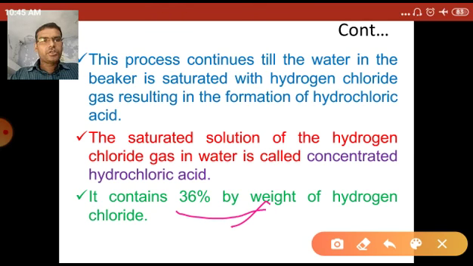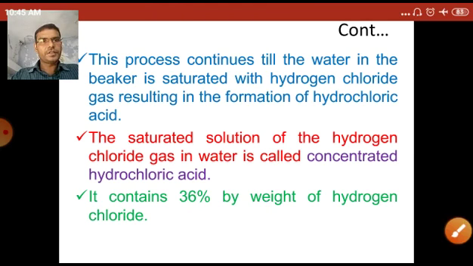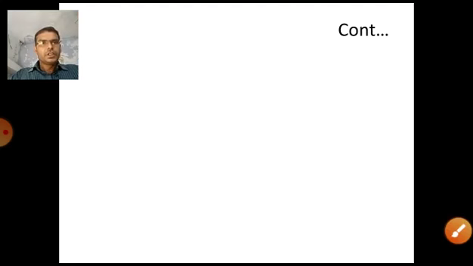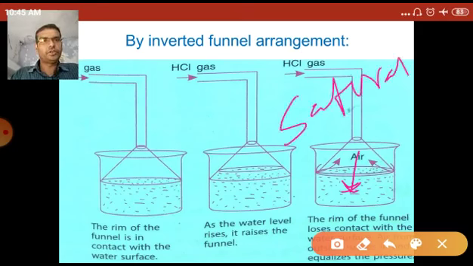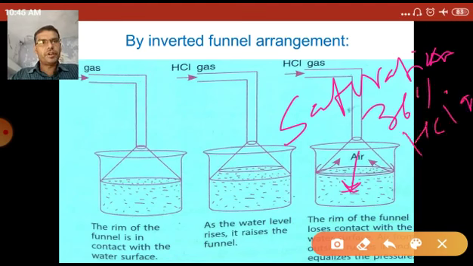So the hydrogen chloride gas enters the water and dissolves in the water up to its saturation state. The saturation state is reached when 36% of HCl gas is dissolved in the water.